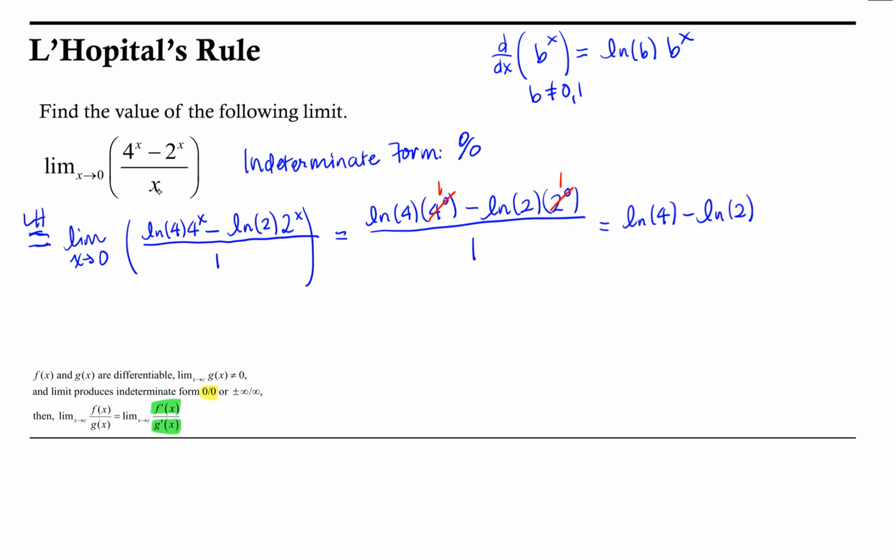A difference in logarithms, assuming the same base, is the logarithm of the ratio or the quotient of the two arguments. So natural log of 4 over 2. And we can simplify that to be the natural log of 2. So our limit in this case is the natural log of 2.